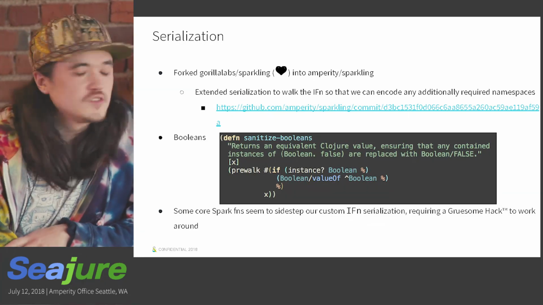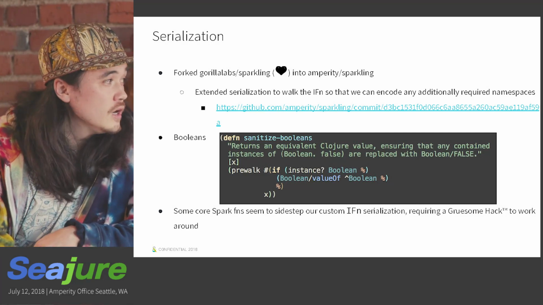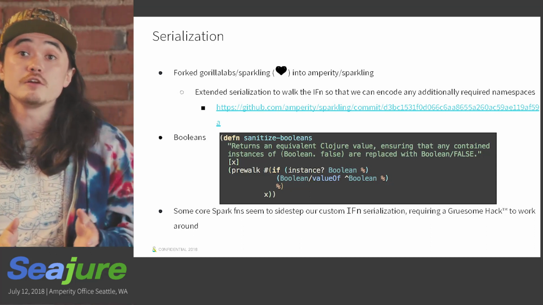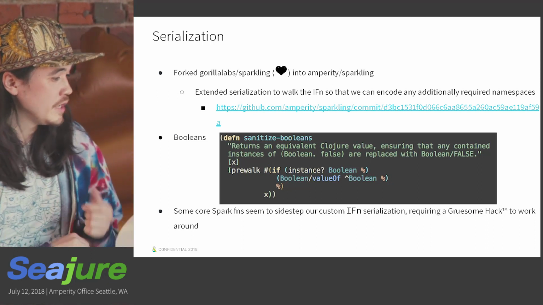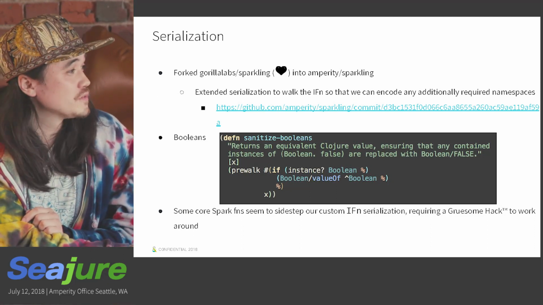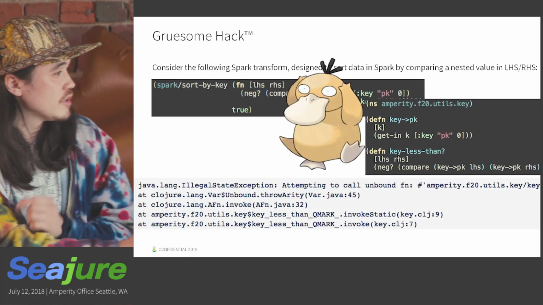And then some Spark functions, like core built-in Spark functions, seem to actually sidestep the normal serialization path entirely. And that calls for, in our case, a gruesome hack. We're still a startup, so we get to get away with those kinds of things for a little bit longer. So let's talk a little more about that.